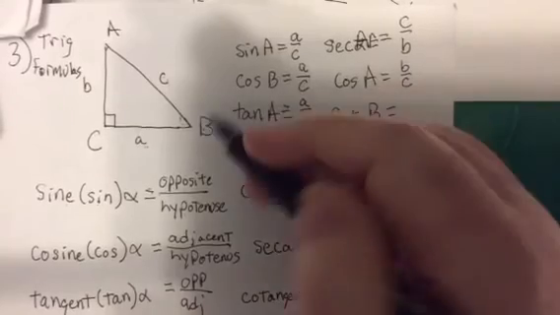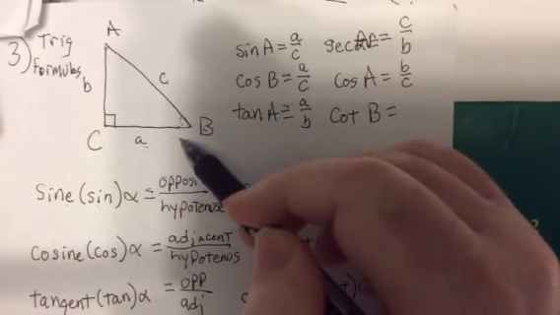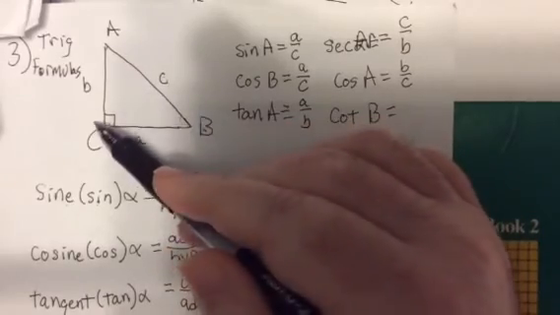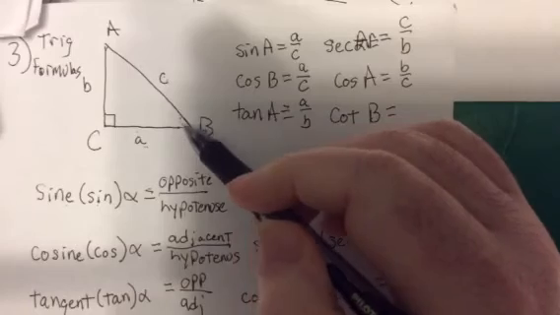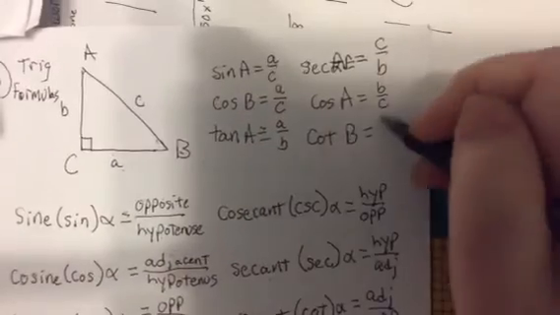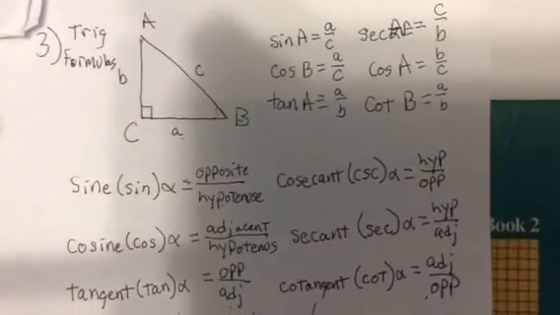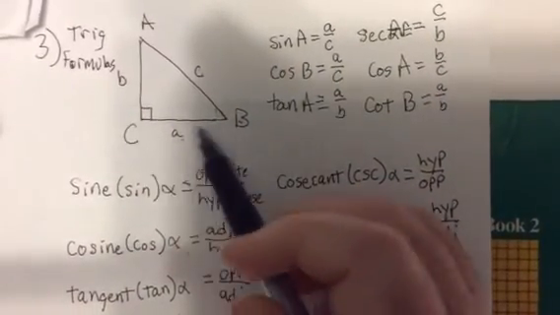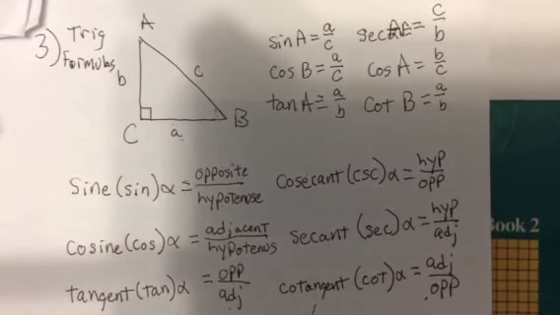Well, here's B. Cotangent is adjacent over opposite. Hypotenuse can never be adjacent. It's the hypotenuse. So it'd be A over B.